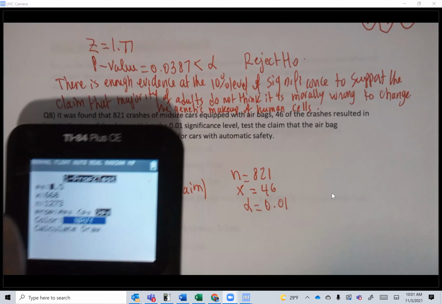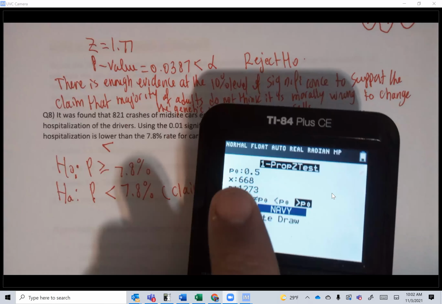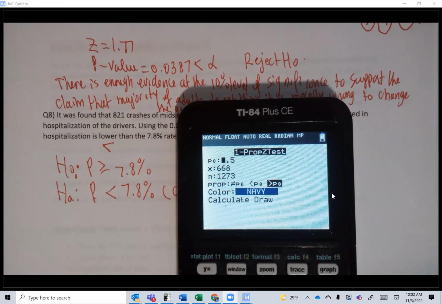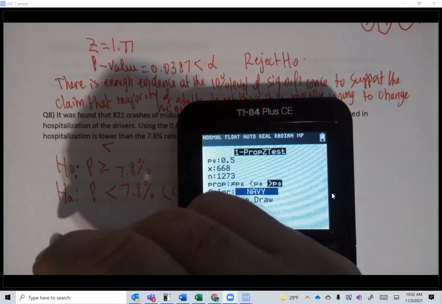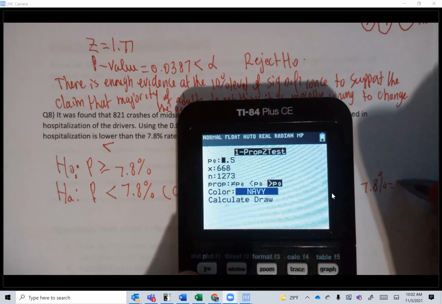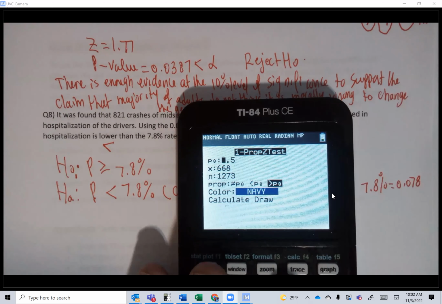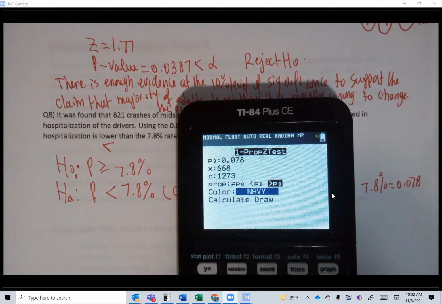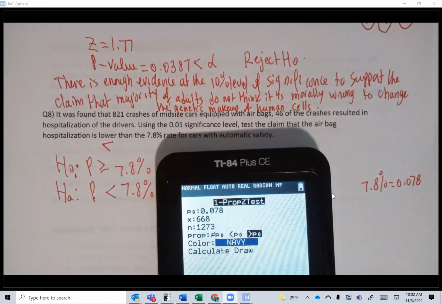I meant to do as many exercises as possible on the proportion test. That's a very important test, guys. Okay, 7.8%. First of all, you have to change this to a decimal. So 7.8%, guys, is 0.078. Let me just write it down here. 0.078. X is 46.